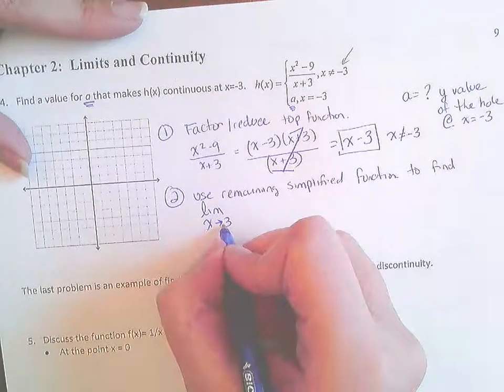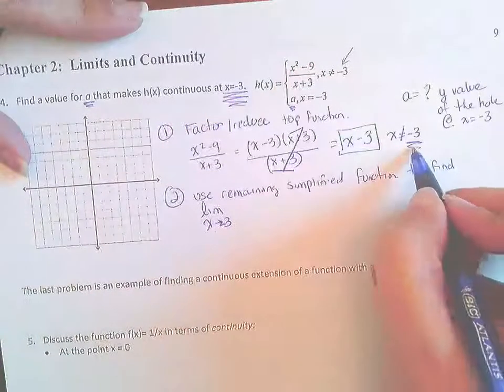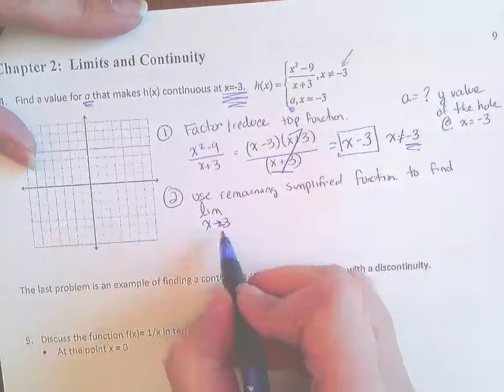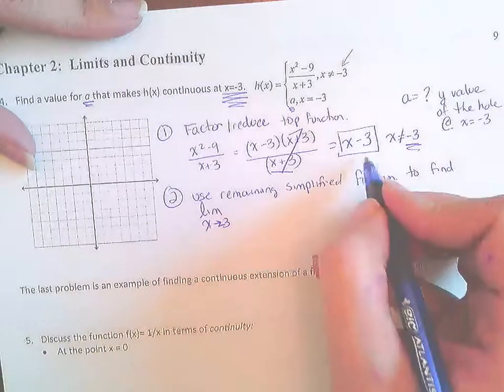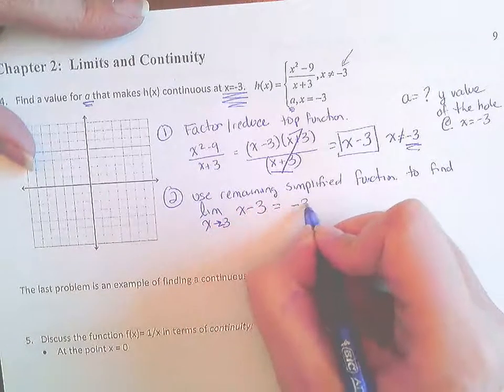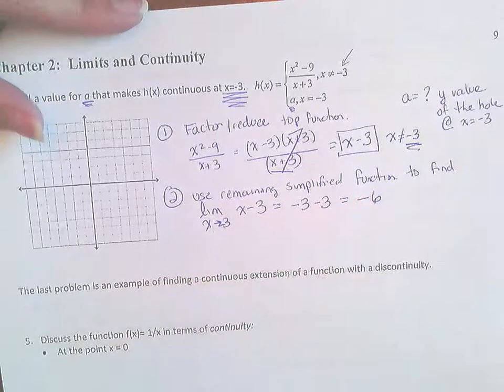I'm sorry, it's negative 3. The reason why it's negative 3, first of all, it says it up here. We figured out that's our hole, so we have to use it here. So the limit as x approaches negative 3 of x minus 3 is negative 3 minus 3, which is negative 6.